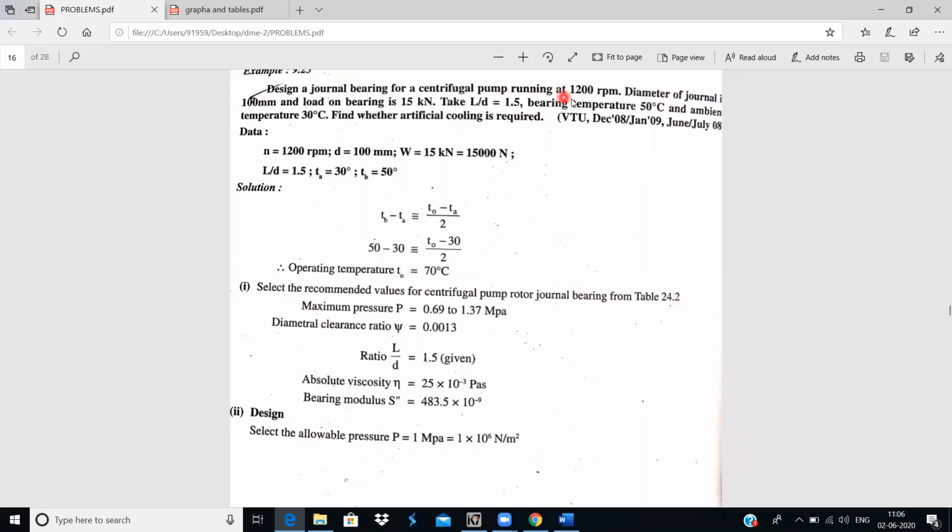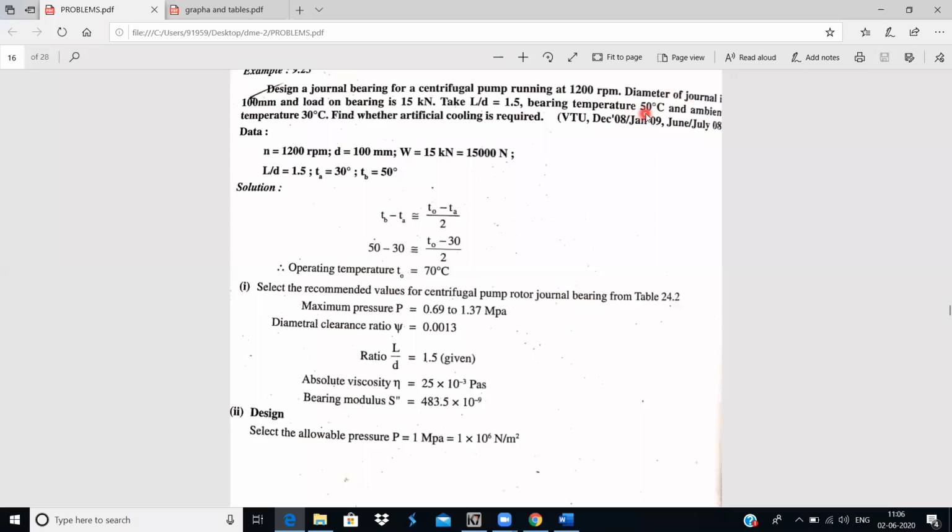So the pump is rotating at a speed of 1200 rpm. Therefore small n is equal to 1200 rpm. Diameter of the journal, small d, is equal to 100 mm, and load acting on the bearing is 15 kilonewton. Convert into newton, that is 15,000. Take L by D is equal to 1.5, that is nothing but length divided by diameter is equal to 1.5.